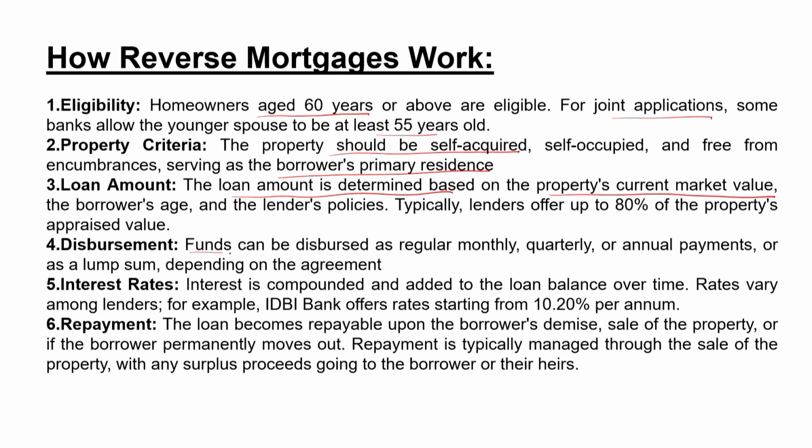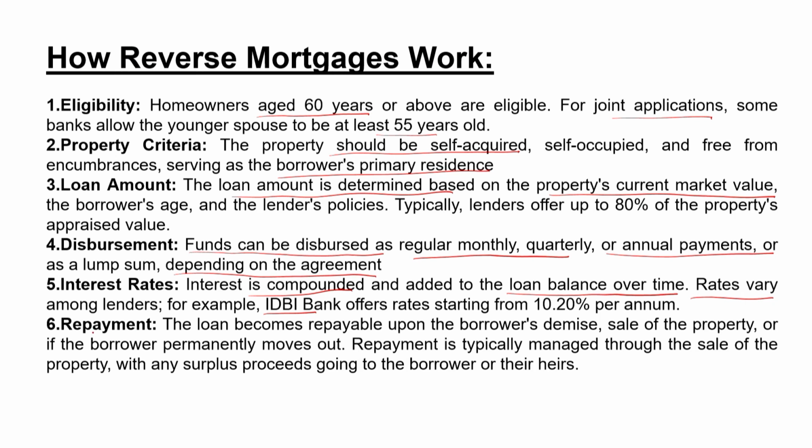Funds disbursement can be made as regular monthly, quarterly or annual payments, or a lump sum amount depending on the agreement between the consumer and the banking institution. Interest is compounded on the total loan amount and added to the loan balance over the time period, and rates vary among different types of lenders. So different banks charge different interest rates on the reverse mortgage loan.